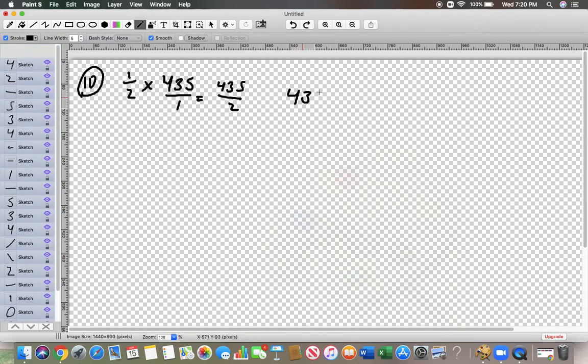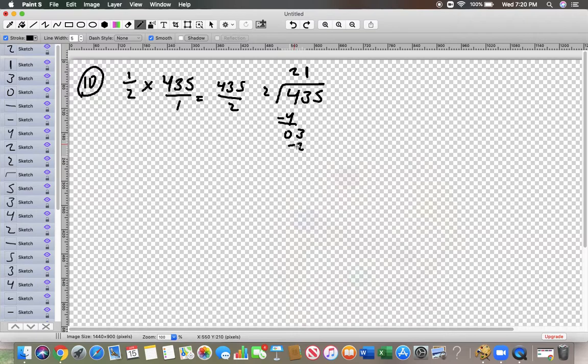Let's figure that out. 435 divided by 2. Notice, it's not going to come out evenly because this is an odd number. We'll talk about that in just a second. Let's figure out 1 times 2. 15 divided by 2 is 7. So I have half of 435 is 217 and a half.